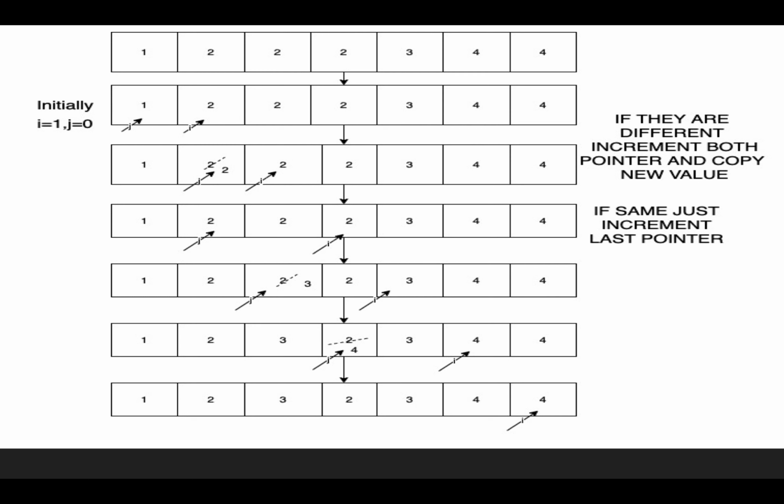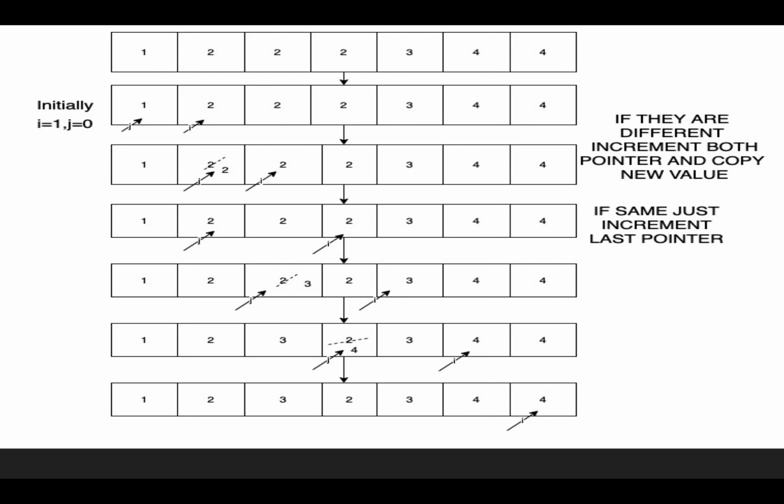Then for every i we will check index i and the previous index. So i is index 1. At this point, for i equal to 1, we will check index 0 and index 1.